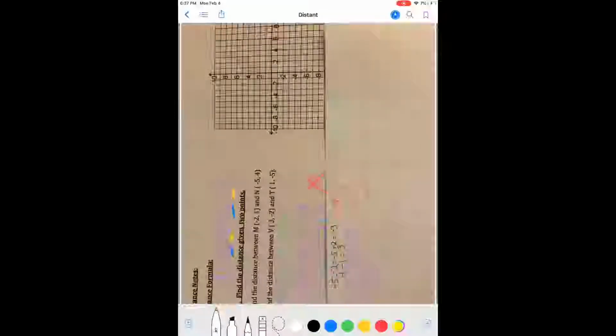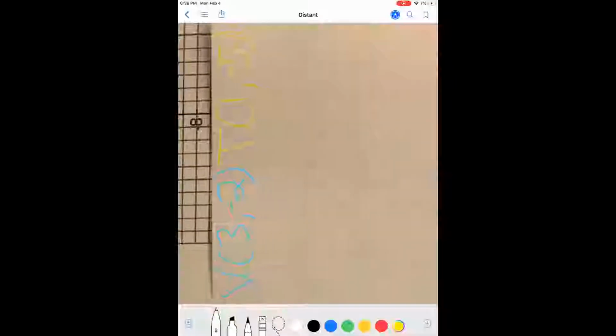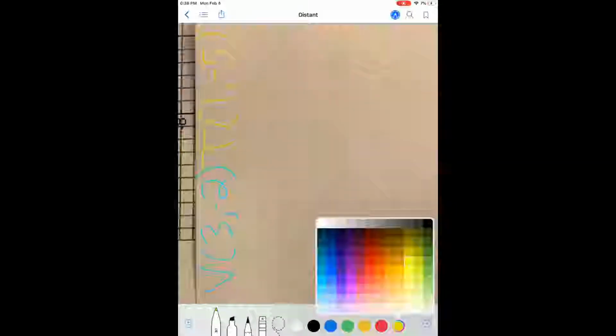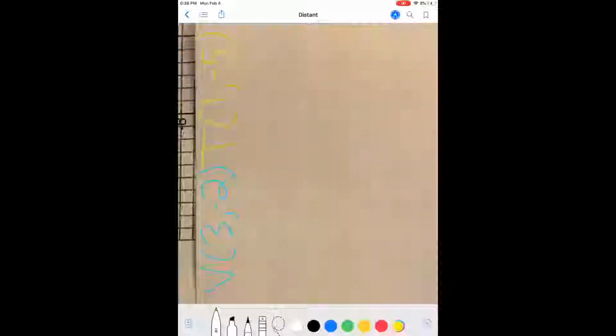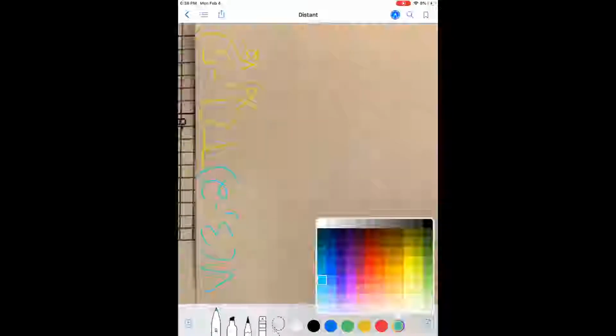And our T is going to be 1, -5. So we're going to identify which one's which. Our T is going to be our 2's, so x2, y2. For our V, we're going to have x1, y1.